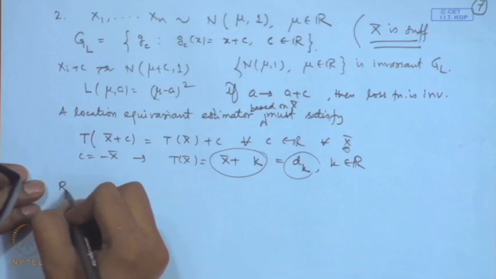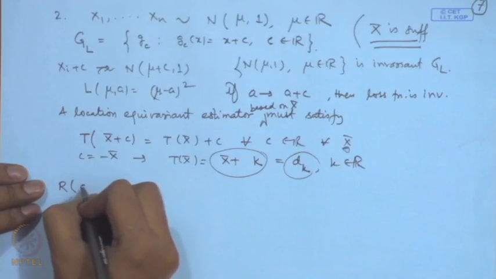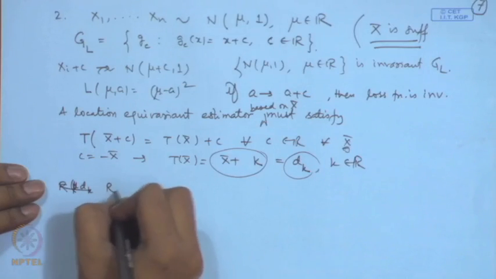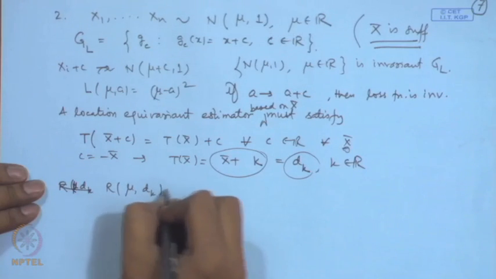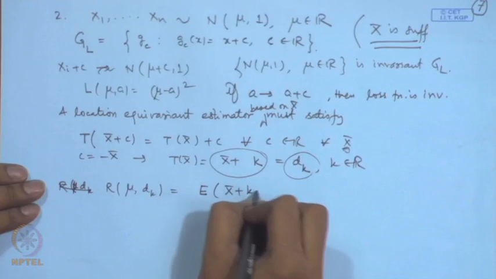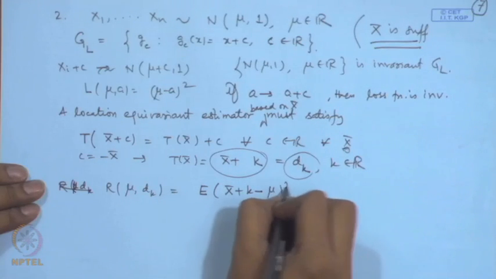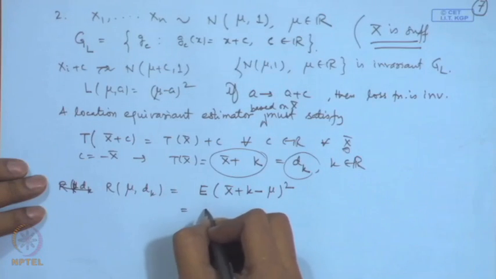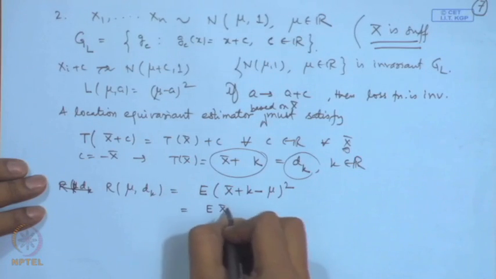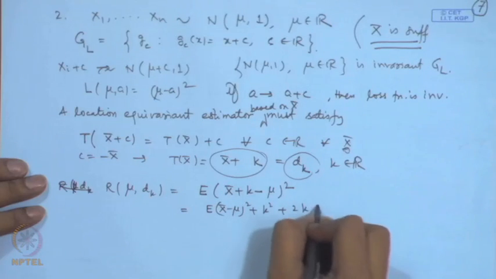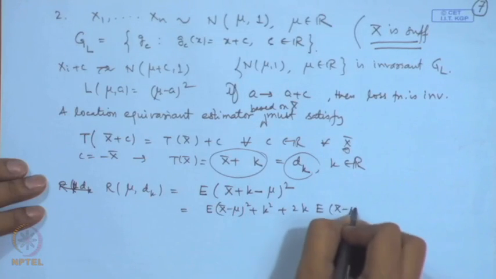So, if I consider the risk function of this, that is equal to E[(X̄ + k − μ)²], that is equal to E[(X̄ − μ)²] plus k² plus 2k E[X̄ − μ].